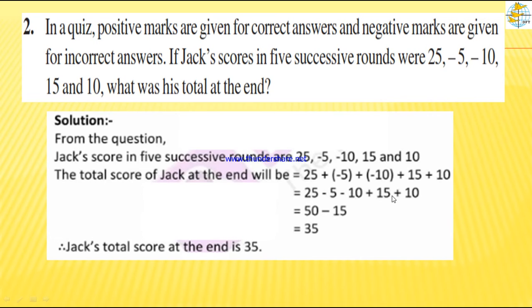If you add positive integers, you will have a positive solution only. So 50, that is plus 50. Then pick up the negative integers, minus 5, minus 10.